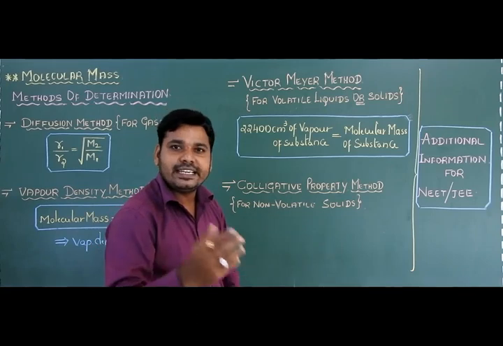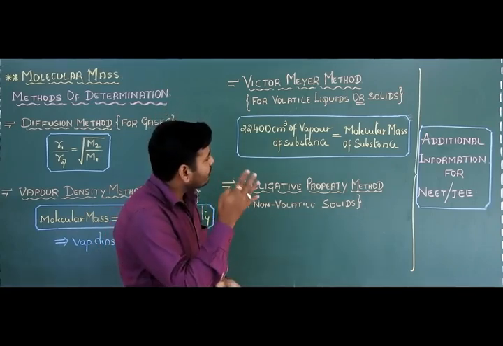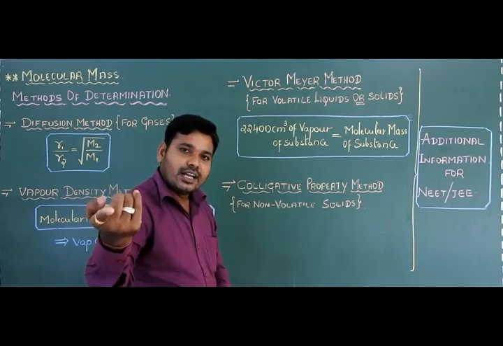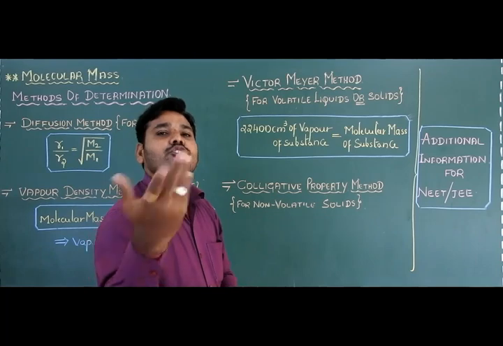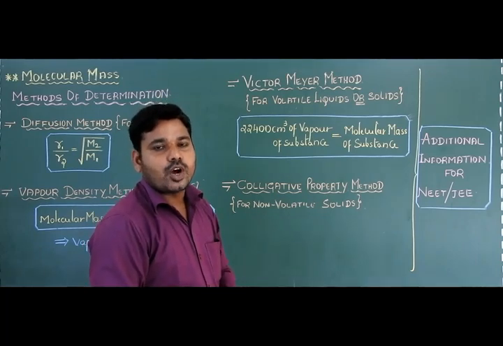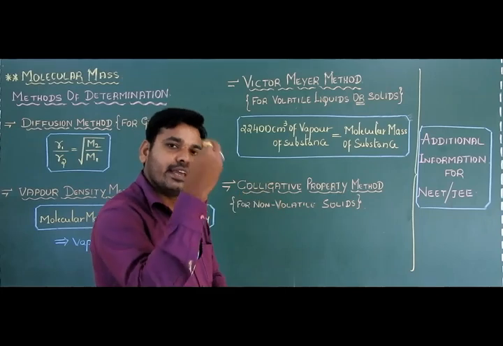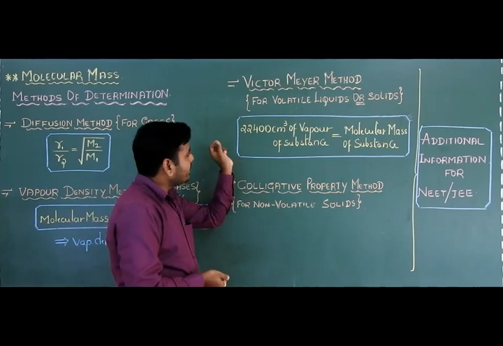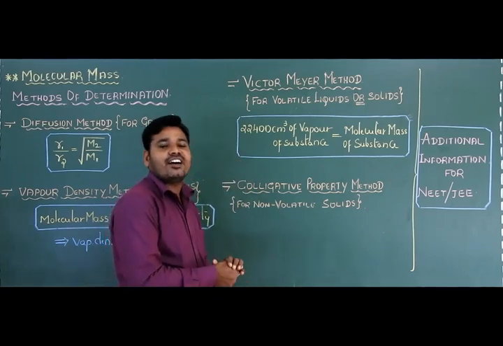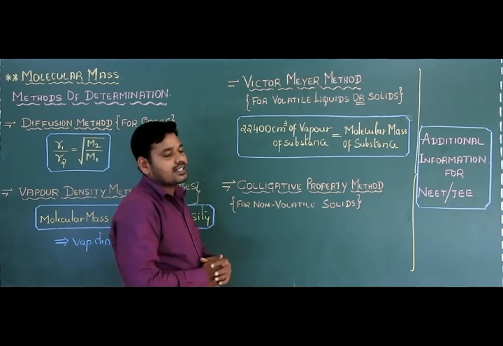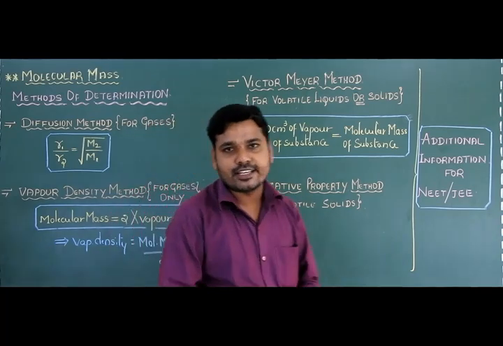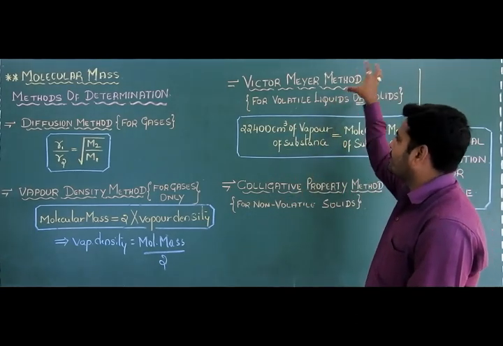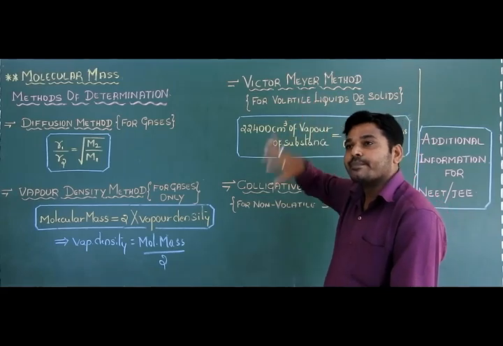Cm cube equals milliliter. 22,400 cm cube means it is nothing but 22.4 dm cube. Dm cube means it is nothing but liter. 22.4 liter, students. So according to this Victor Meyer method, based on Dalton's law of partial pressure and Avogadro's hypothesis, 22,400 milliliter of vapor of a chemical substance is nothing but the molecular mass of the chemical substance, students. So this is about the third important method of determination of the molecular mass of the chemical substance.